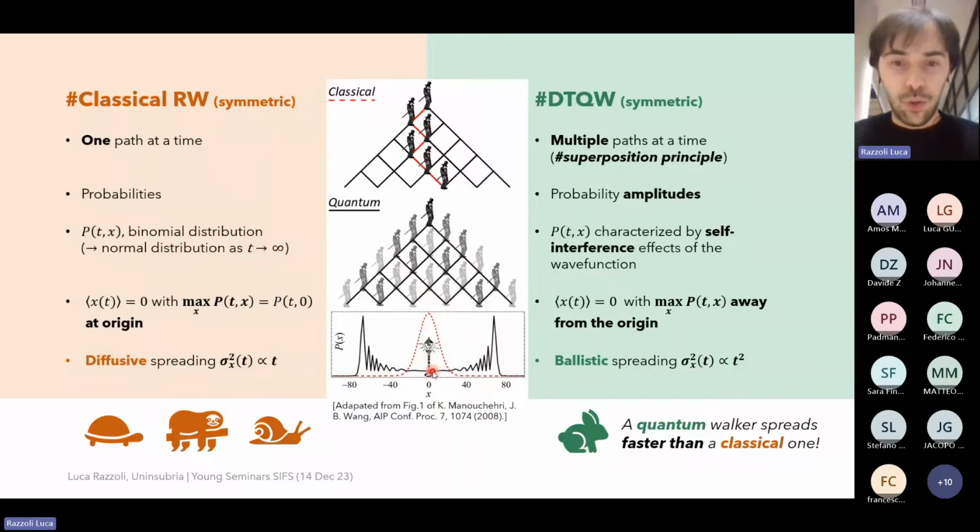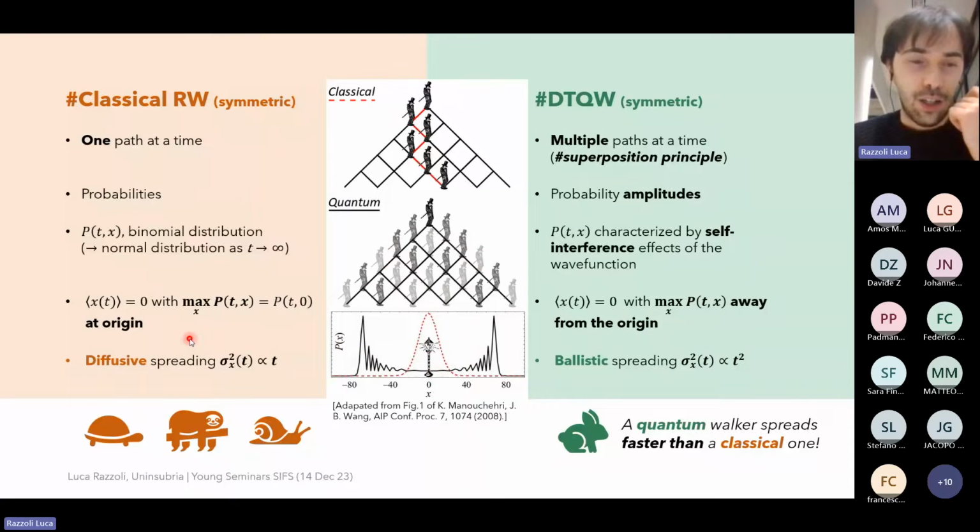Instead, a quantum walker will be distributed according to a probability distribution which shows local minima and maxima due to the self-interference effects. Moreover, the global maxima in the quantum case will be far apart with respect to the initial position.